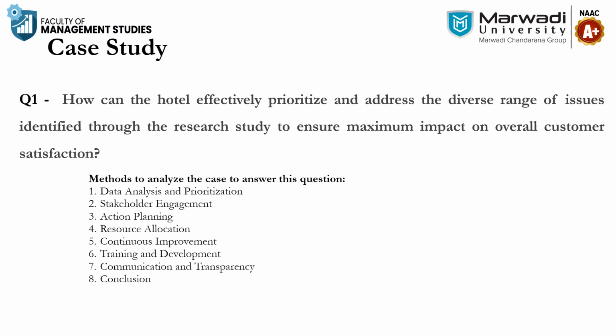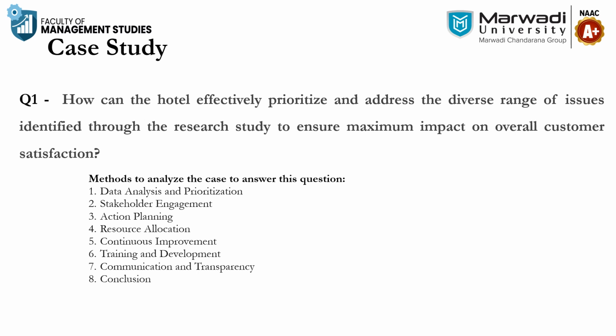The hotel effectively prioritizes and addresses the issues, the problem. What research methodology, process should a decision maker conduct so that the problem can be resolved effectively, ensuring that the maximum impact on overall satisfaction can be increased.